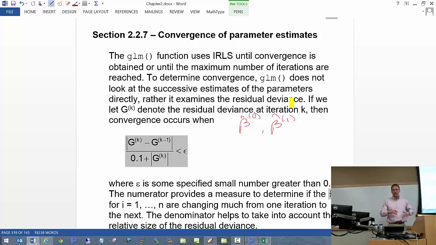It's continuous maybe, and we get a beta hat 0 and a beta hat 1. So at iteration 0, we come up with some values. And then at iteration 1, the first time through this numerical iterative method, you come up with a new set of estimates.